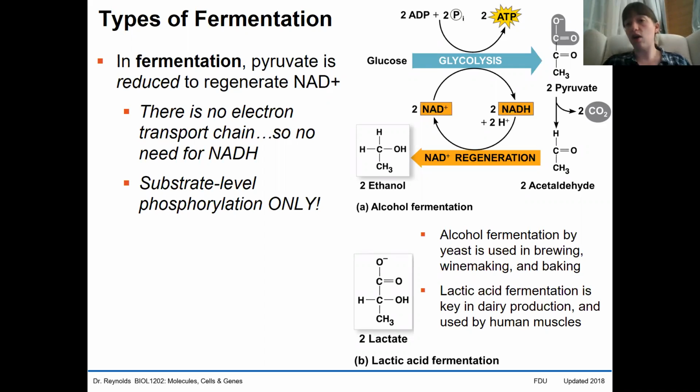That's why alcohol is being produced. Lactic acid fermentation, such as the one that's used in your muscles when you run out of oxygen because you're doing anaerobic exercise, would be something that uses acetaldehyde's byproduct and yields lactic acid at the end.